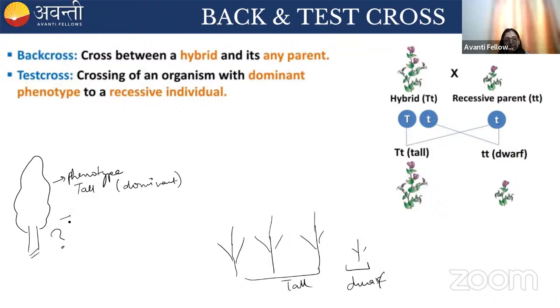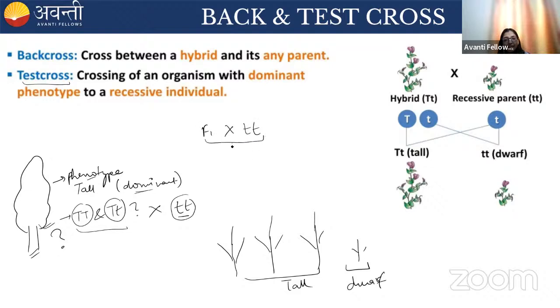We don't know whether it has a homozygous dominant genotype or a heterozygous dominant genotype. So to identify the genotype of a plant having a dominant phenotype, we perform a test cross. We cross this plant with the parent having a homozygous recessive condition. If we cross the F1 hybrid with the homozygous recessive parent, this cross is known as a test cross.